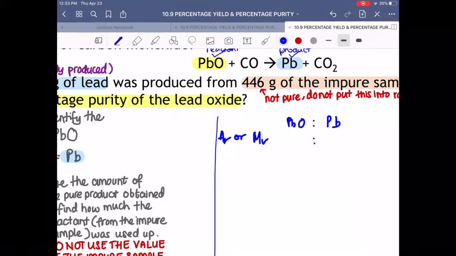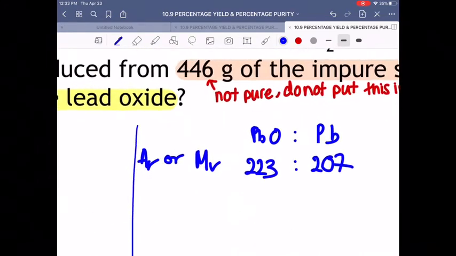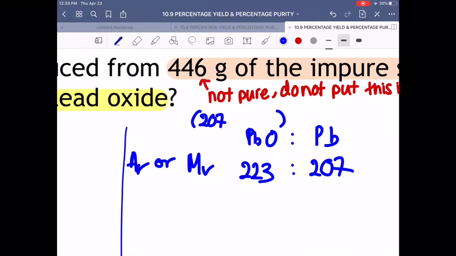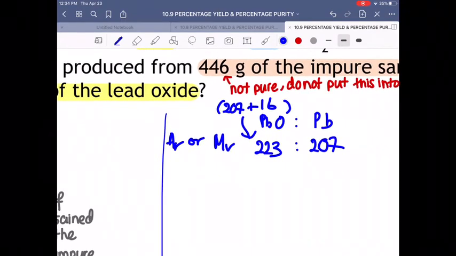Okay, the mass for lead is 207. The mass for lead oxide is 223. If you forgot how to calculate this, this is actually 207 plus the mass of oxygen, which is 16, then you get 223. So in the next row, you put your given value.